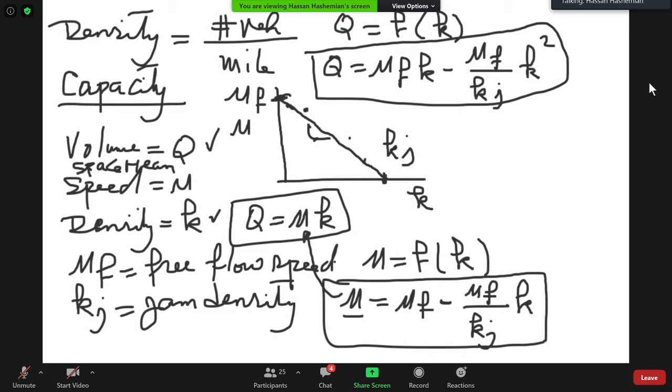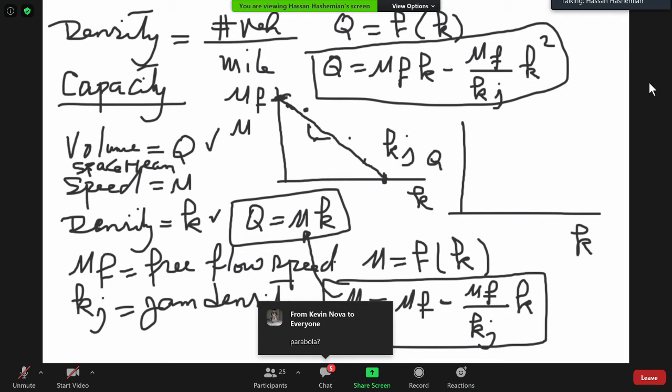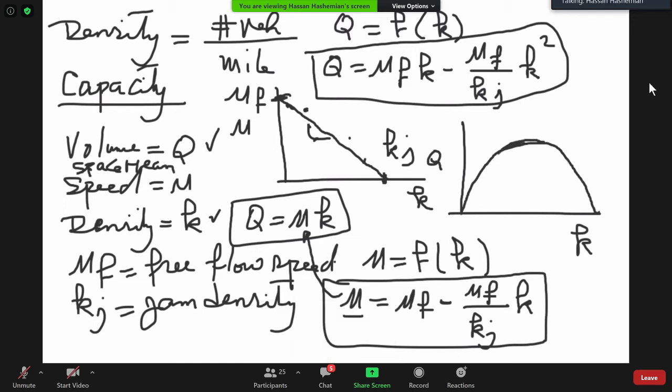If I had to plot this, what is this? So this is K, this is the Q. So what is this function? Yeah, it's a parabola, correct? So simply is this. All right, that's the parabola. Now, this part is the maximum volume.